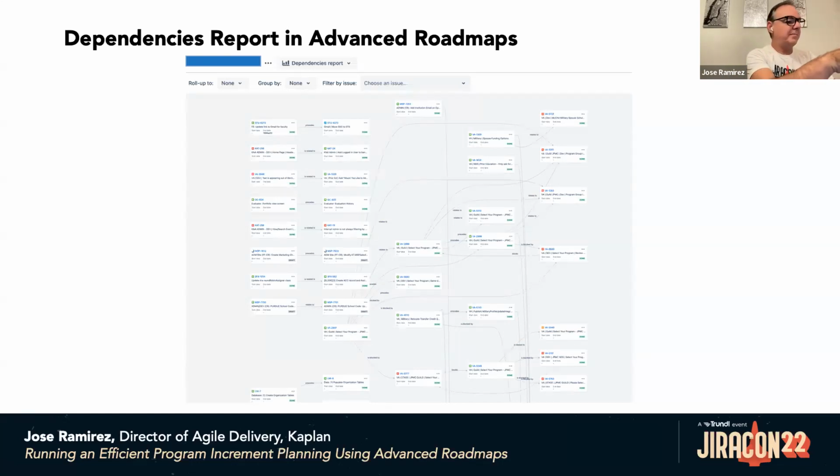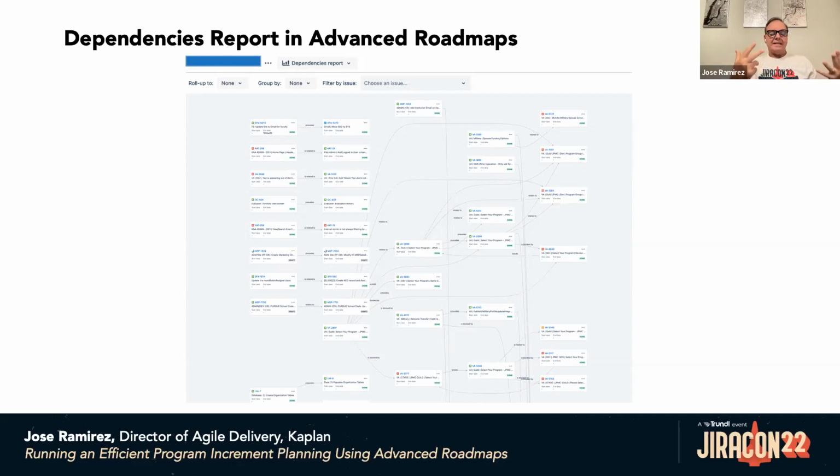I put it on the top in the filter by issue section of this interface, and you put the key of an epic, and then the map represents the inward and the outward dependencies for that specific epic. So it's really, really, really useful.